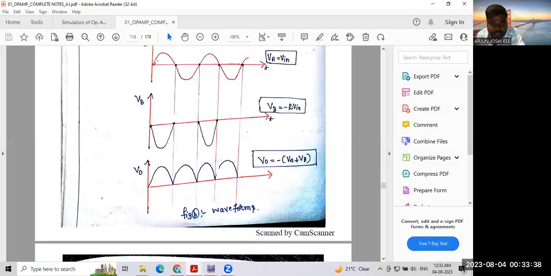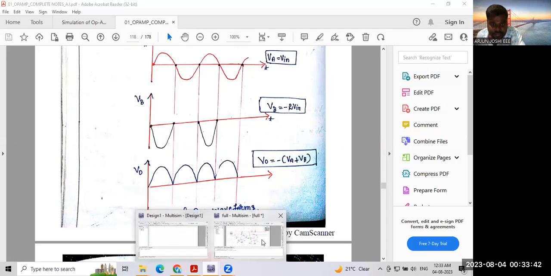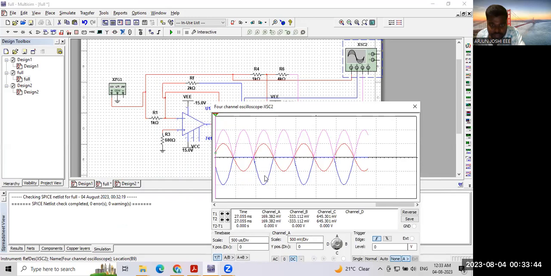This is nothing but the 0.5 input. This blue color is VB: 1 box, 2 boxes, 2 into 500, that is nothing but 1 volt. That is 2 multiplied by the input, 2 into Vin, that is 0.5 into 2, which is nothing but 1, as per the design.